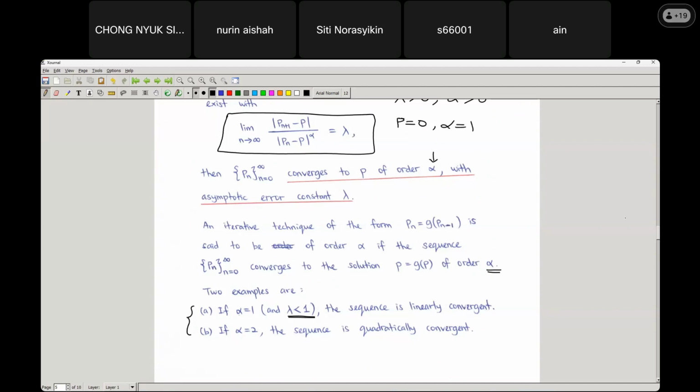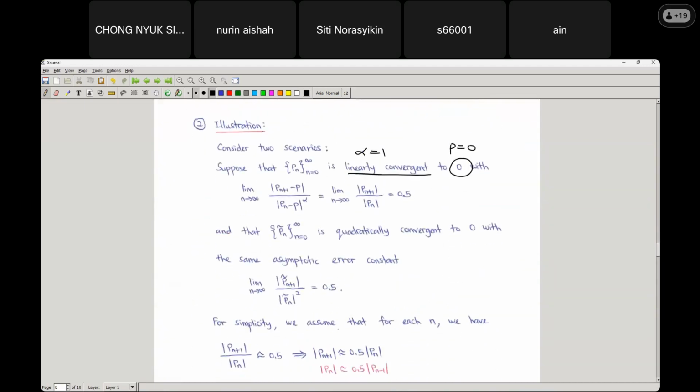So you substitute into this limit. This is the given limit: the limit as n approaches infinity of the absolute value of Pn plus 1 minus P, divided by the absolute value of Pn minus P, to the power alpha. Now we substitute P. What you get is the limit as n approaches infinity of the absolute value of Pn plus 1 minus 0, divided by the absolute value of Pn minus 0.